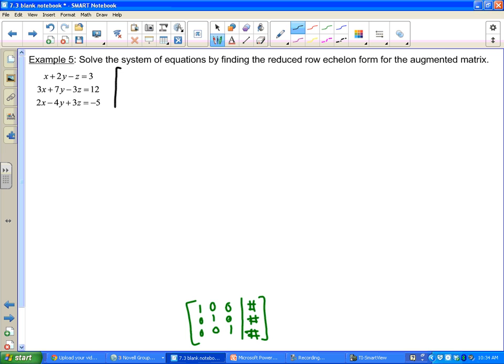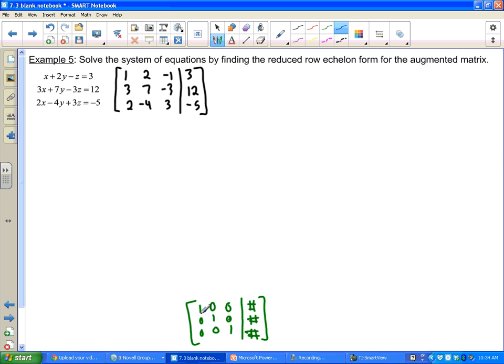Well, why does more work matter? So 1, 2, -1, 3, 3, 7, -3, 12, 2, -4, 3, -5. Okay, so there's our first matrix.